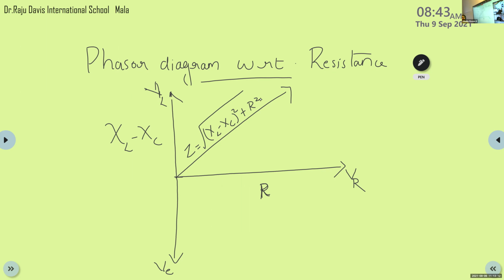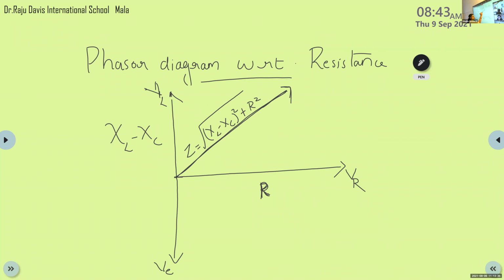So this is the phasor diagram with respect to resistance. R is taken along the horizontal axis. XL minus XC, that is the resistance offered by the combined effect of the inductor and the capacitor, is taken along the y-axis or vertical axis. So this line represents the diagonal.